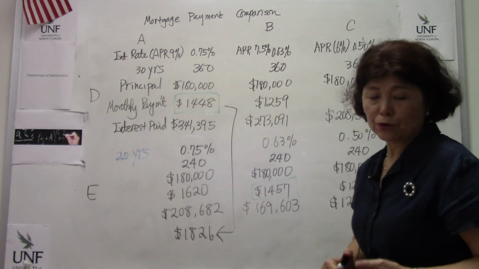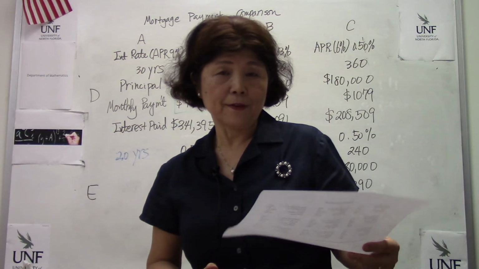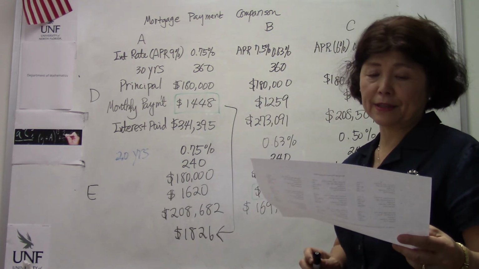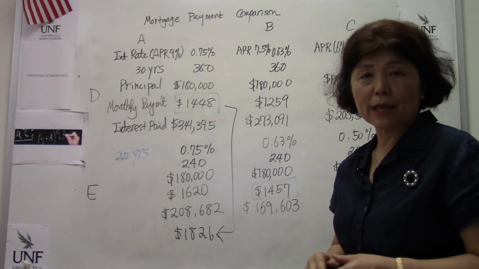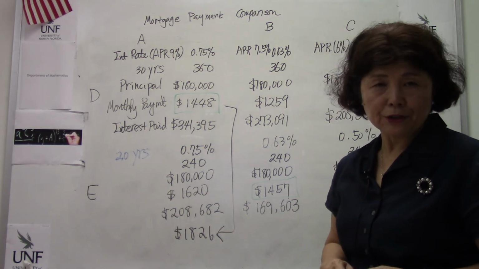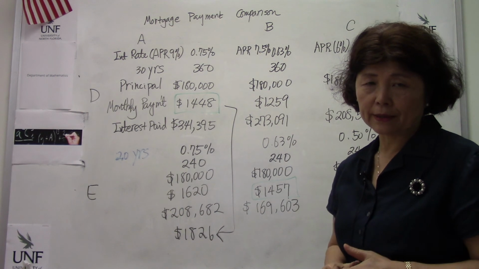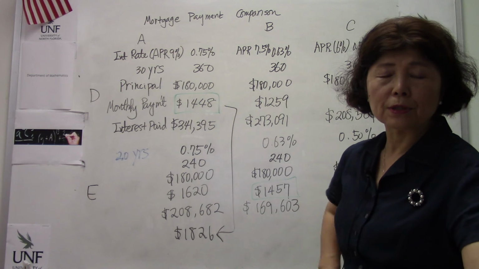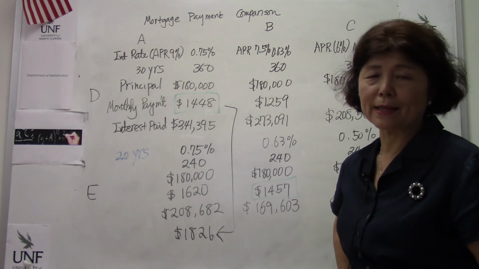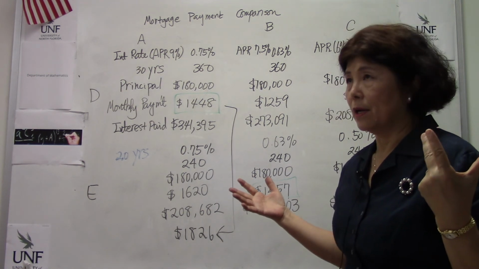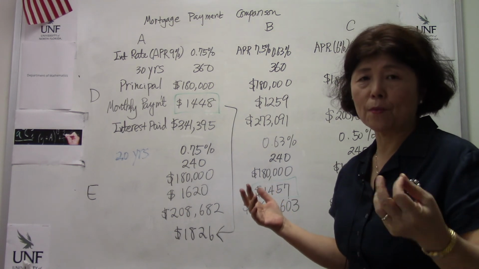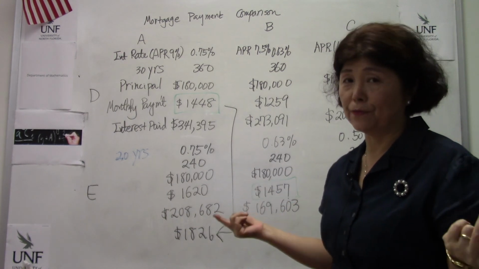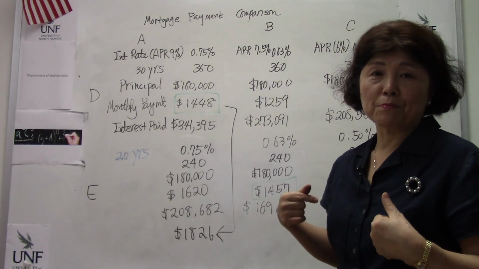So I want you to look at the PDF file I sent you, think about it, and remember this. You can compute these things in Excel. Or you can go to Google, or go to some mortgage company's website, and they will have a form where you enter the term, the interest rate, and the principal amount, and then they will give you the monthly payment.